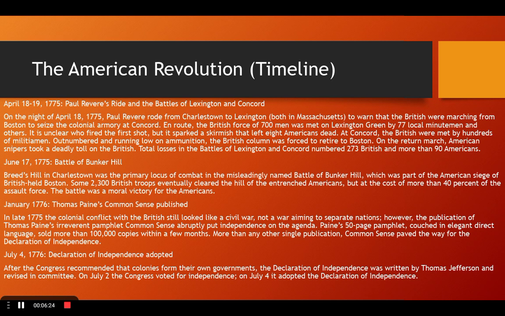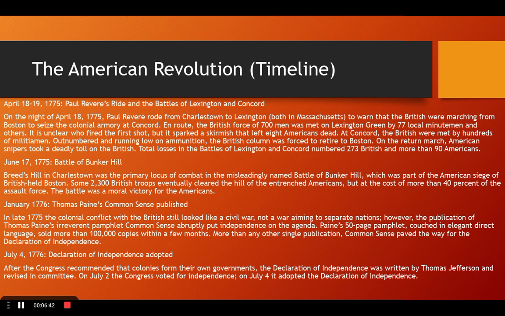En route, the British force of 700 men was met on Lexington Green by 77 local minutemen and others. It is unclear who fired the first shot, but it sparked a skirmish that left 8 Americans dead.